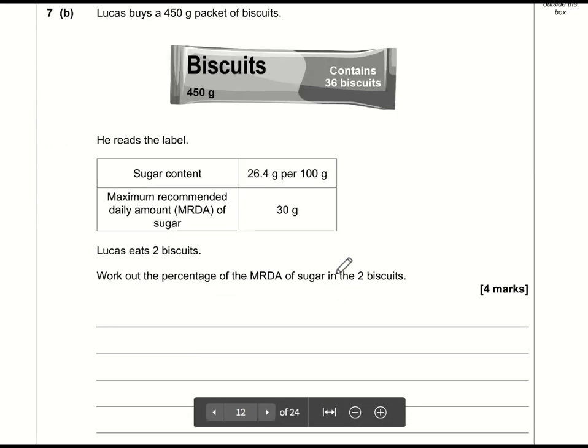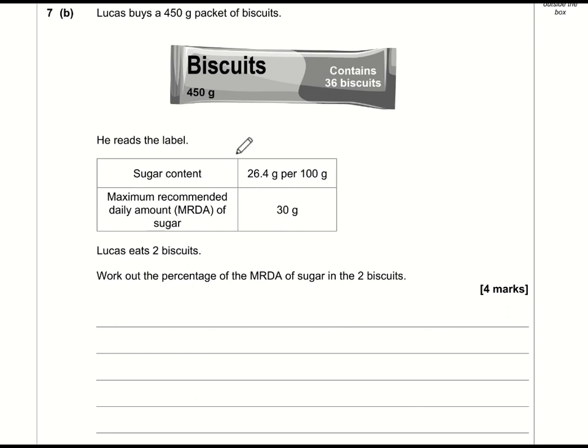7b. We just need to be careful here because he eats 2 biscuits. Now this is one. He doesn't eat 2 of these. This contains 36 biscuits. So first of all, what do we need to do? There's a few ways you could do this. I'm going to work out the total sugar content for 36 biscuits.